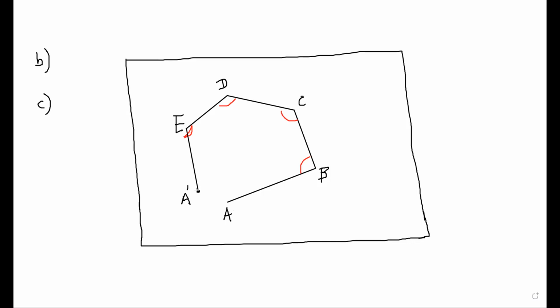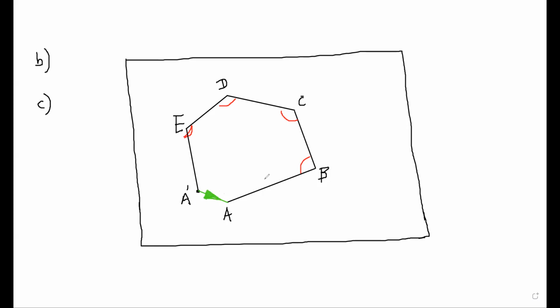We just connect A dash and A. So our procedure of correcting is taking A dash to A. This is the final one. But you cannot just take A dash to A and connect EA. Finally, this A dash should come to A.